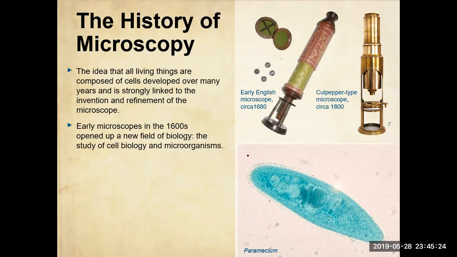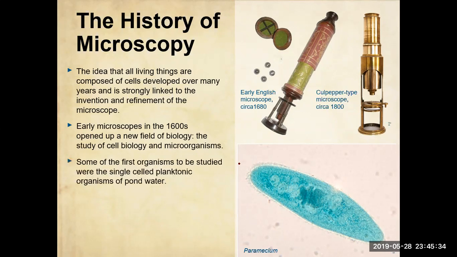Early microscopes in the 1600s opened up a new field of biology, the study of cell biology and microorganisms. Some of the first organisms to be studied were the single-cell planktonic organisms of pond water.